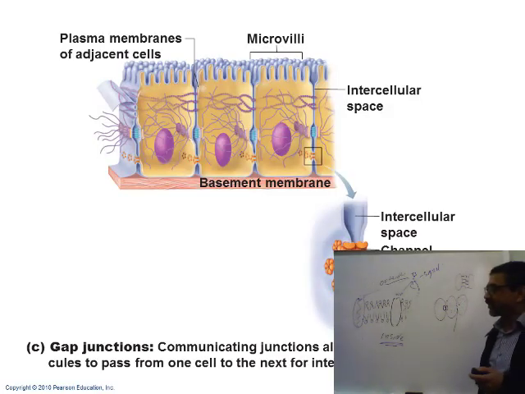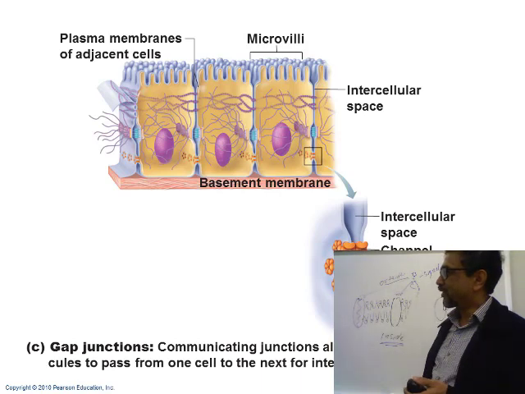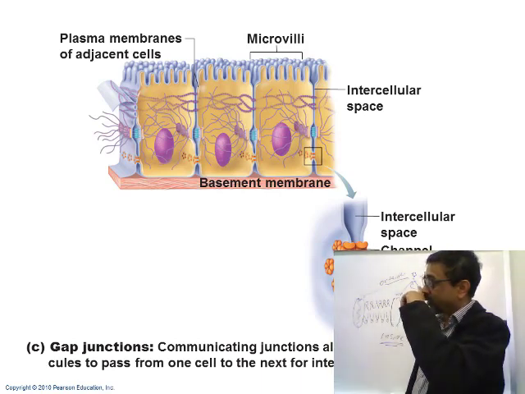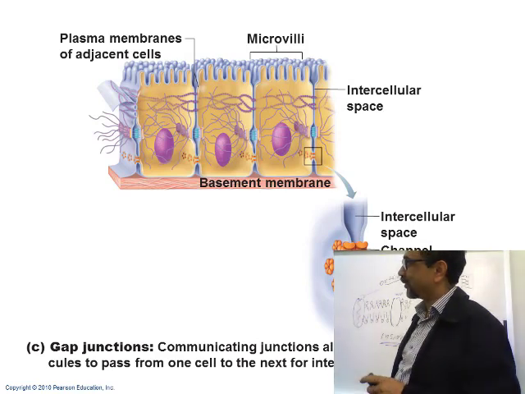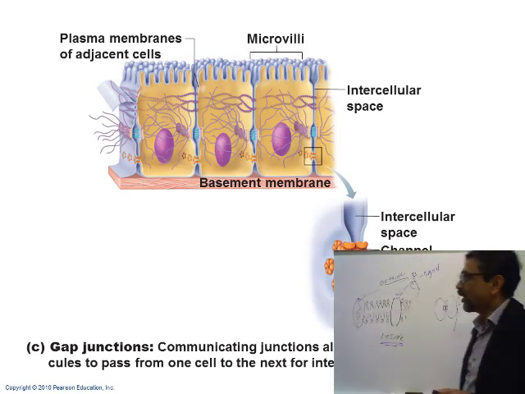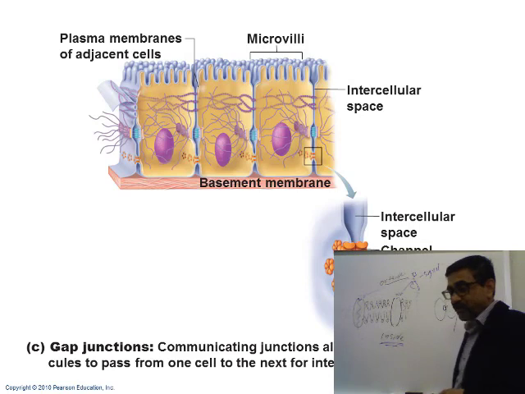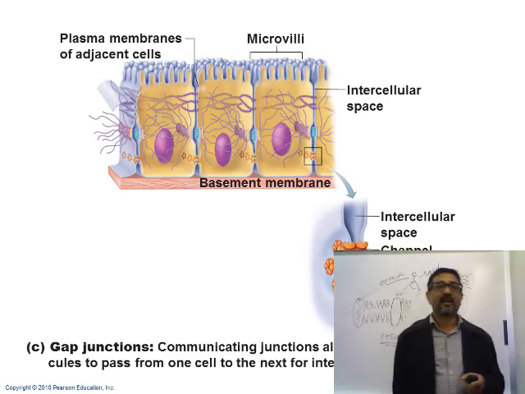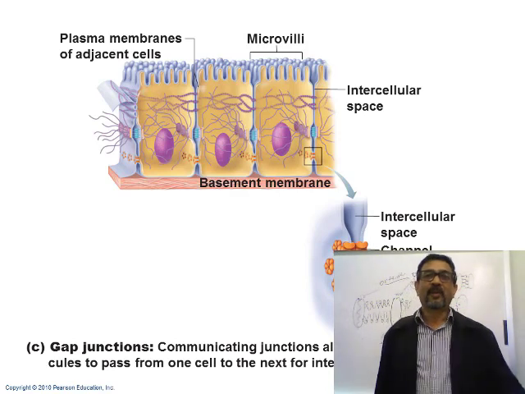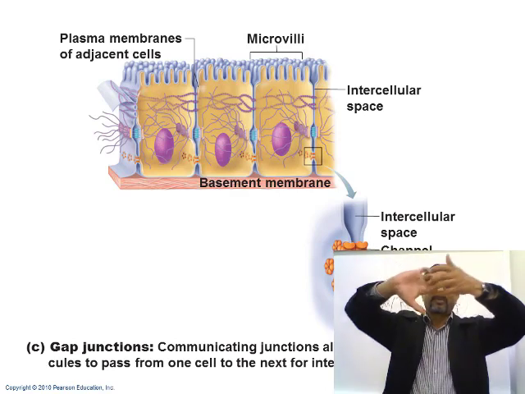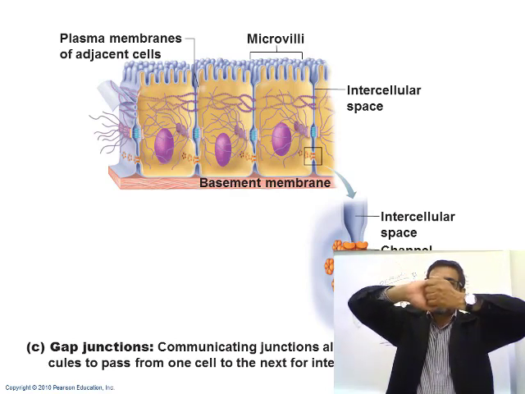Through the gap junctions there are channels, so ions or molecules can easily pass through the gap junction because of the presence of the channels. Gap junctions are also present in heart muscle. Why? Because again, heart muscle fibers must be attached to each other strongly by desmosomes.